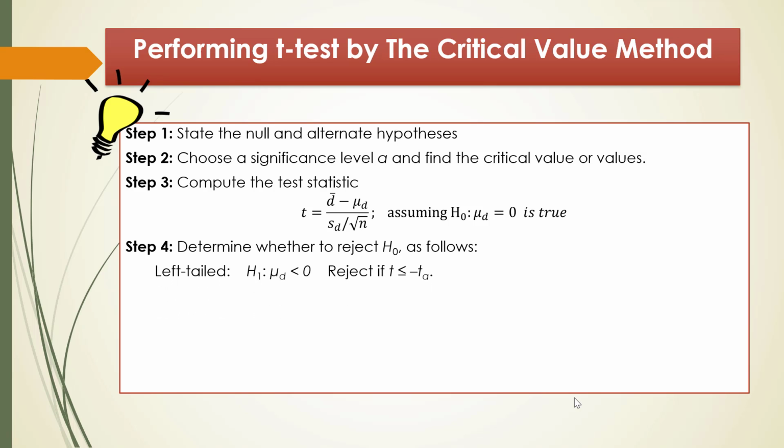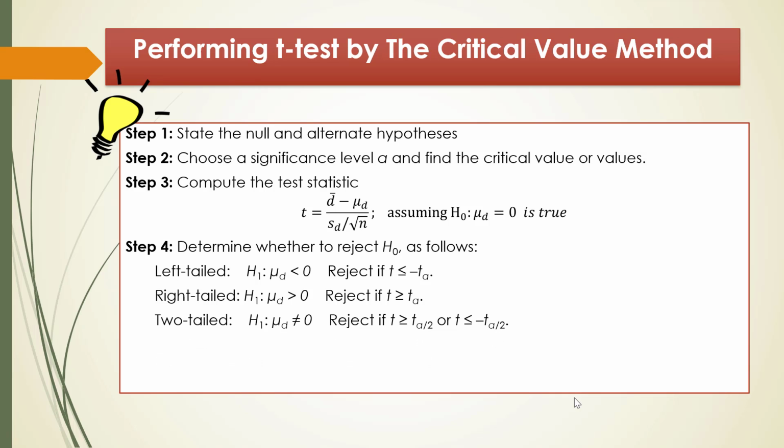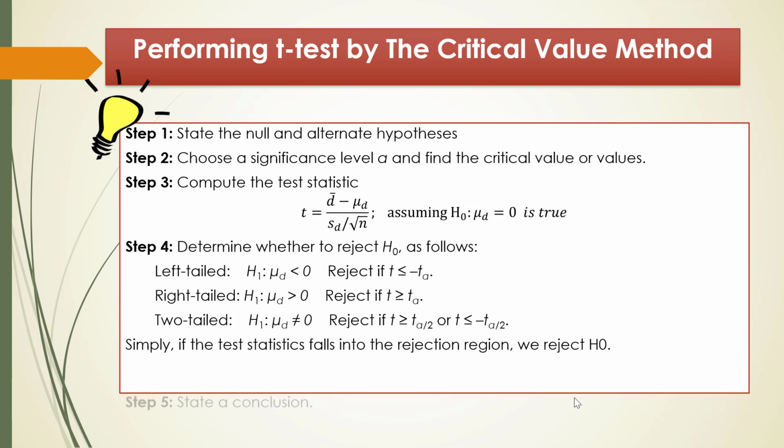For the left tail, we reject the null hypothesis if t is less than or equal to minus t alpha. For the right tail, we reject if t is greater than or equal to t alpha. And for the two tails, we reject if t is greater than or equal to t alpha half or t is less than or equal to minus t alpha half. Simply, if the test statistic falls into the rejection region, the critical region, we reject the null hypothesis. And step 5, we state the conclusion.